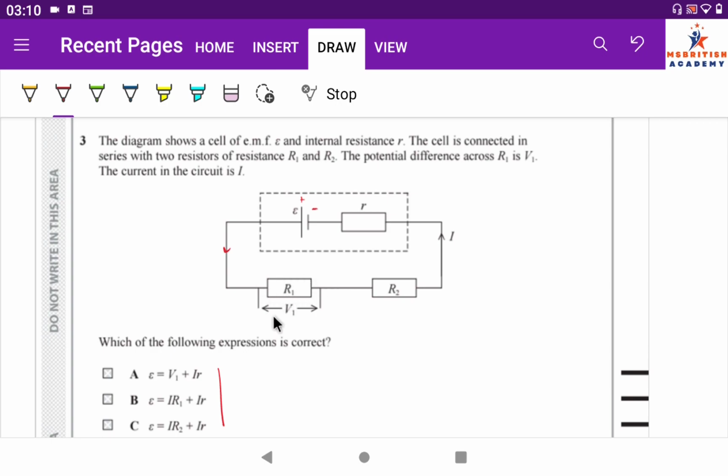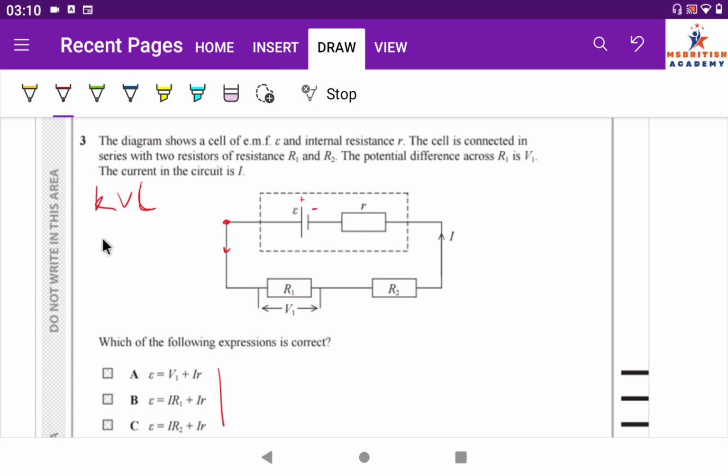So what we can write here is, we can use the law KVL here, Kirchhoff's voltage law.